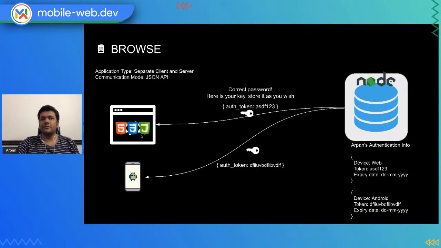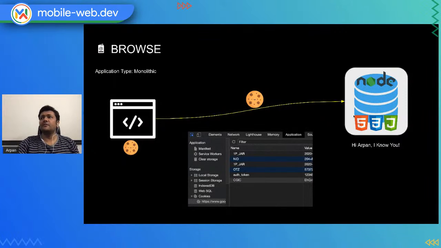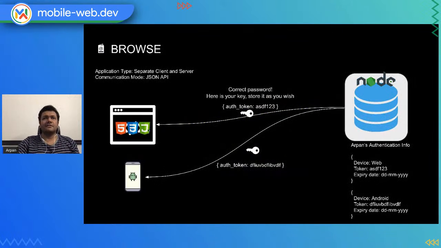Earlier also you were able to do it. What was happening was the server earlier presets the cookie for you. It will bundle the cookie alongside and send it back to you. It will automatically get saved in the browser. But here, using JavaScript, I have to manually save it.